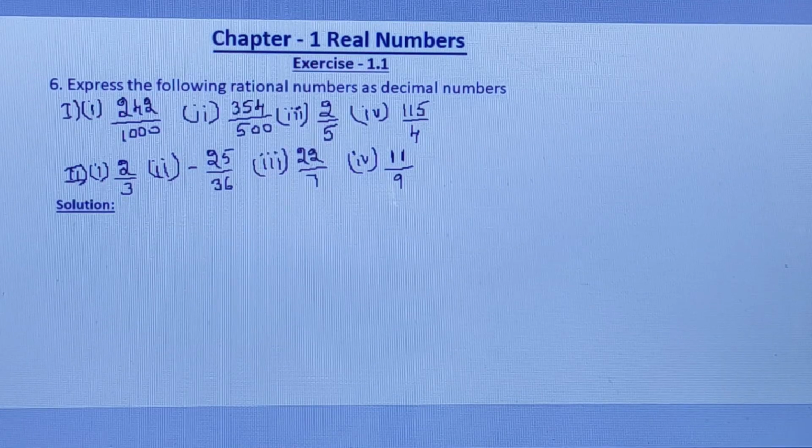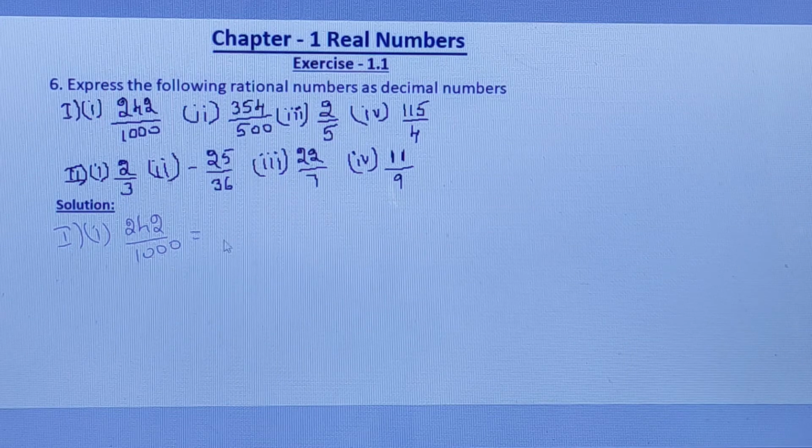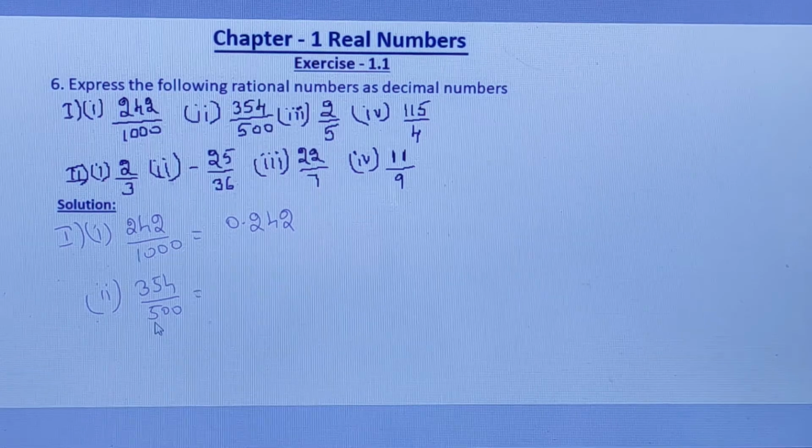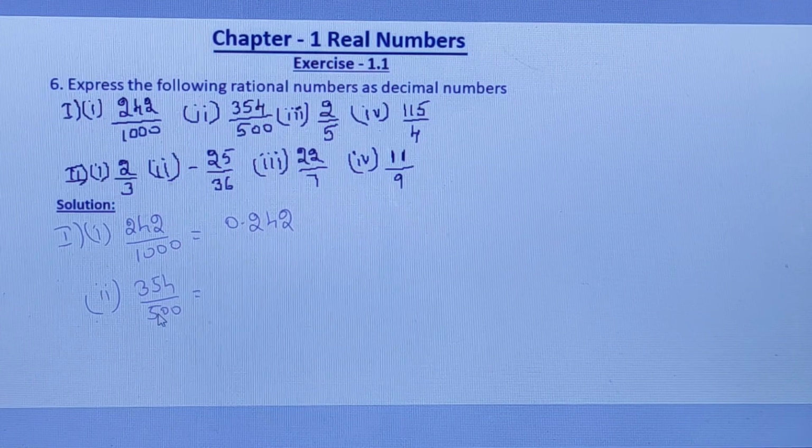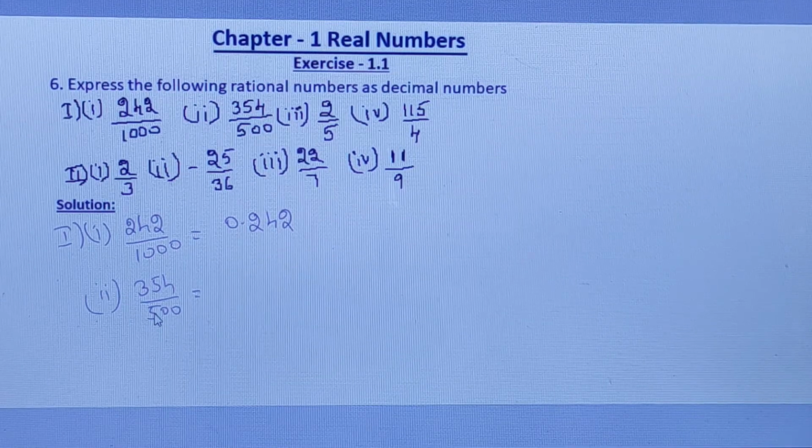Sixth question, express the following rational numbers as decimal numbers. So solution to the first one, first bit, 242/1000, right? So because 3 zeros are there, so you can write this as 0.242, isn't it? And 354/500. What I will do, I will make the denominator so that it will be in terms of tens, hundreds, or thousands, like that, right?